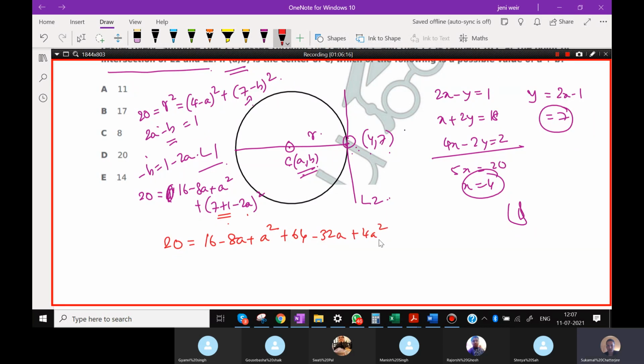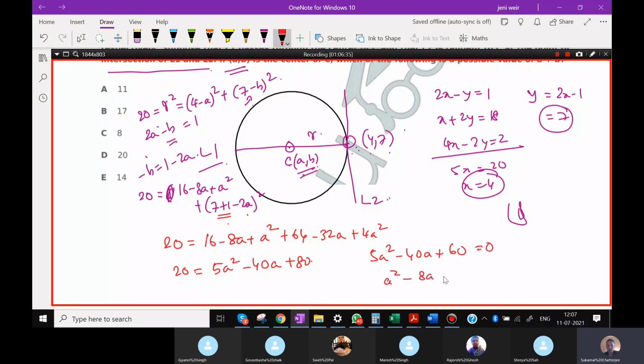So which would be 5a square minus 40a plus 80 is equal to 20. So that means 5a square minus 40a plus 60 equals 0.